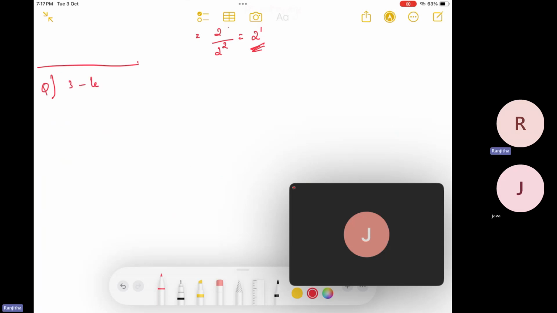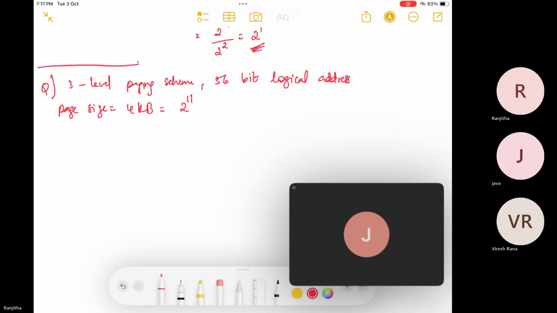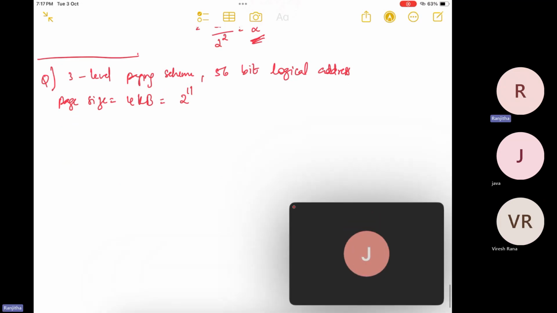Let me rewrite the question again. Three-level paging scheme, 56-bit logical address, page size 4 KB.